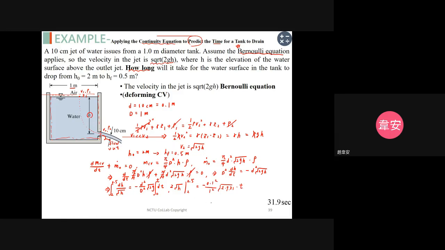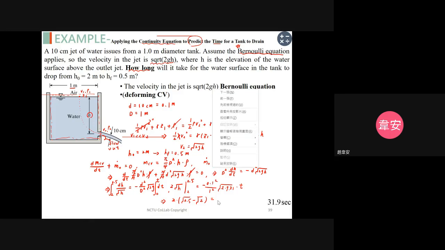Okay, so based on this equation, you can solve how long it takes for the water surface to decrease from 2 meters to 0.5 meters. So I just put the numbers in. This is 2 multiplied by the root of 0.5 minus the root of 2. And for the right-hand side, you use your calculators.